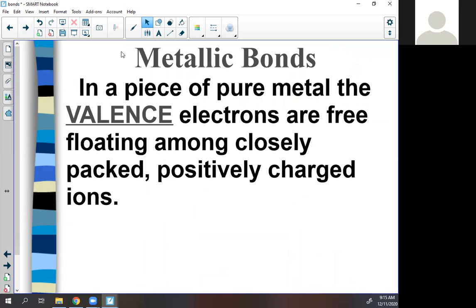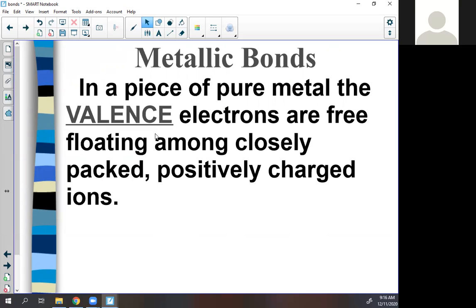A metallic bond is what keeps a piece of metal together. So like if you look at the legs on your desk, they're shiny. We know they're metal because we're used to the properties of metals and looking at them. All right, the bonds in those pieces of metal are called metallic bonds.